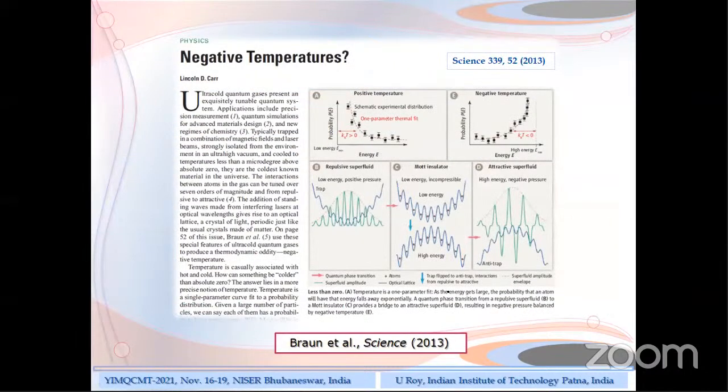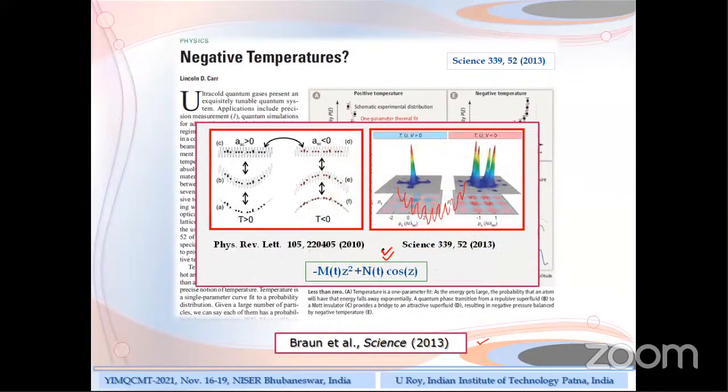So this is the Braun et al. experiment, and then Rapp has beautifully explained that you have an optical lattice like this, and you also have it superimposed on some harmonic trap. Then you make them a Mott insulator and then invert them and create negative temperature. So finally, this is the kind of potential you have to create to find this kind of system. So now this is the harmonic trap and optical lattice.